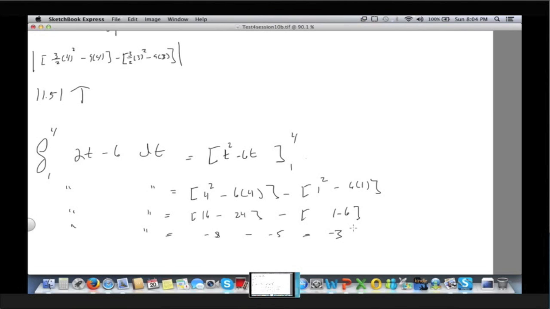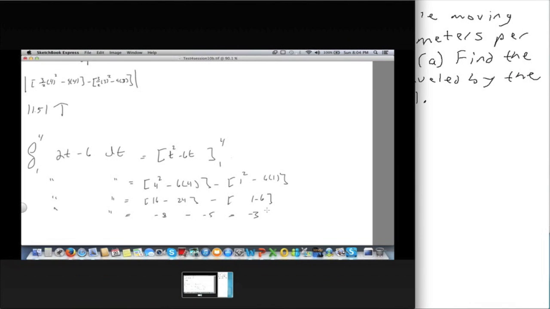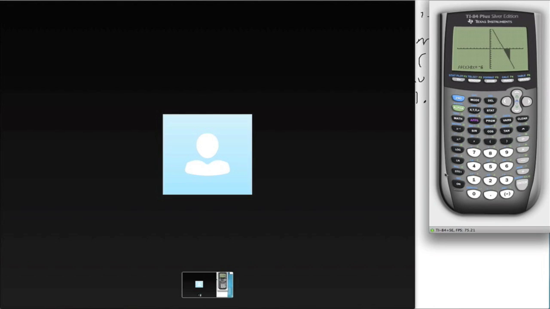Okay, and graph this. Y equals 2x minus 6. Graph. Should have a positive slope. Yep. And then second calc, 1 to 4. We get -3. Okay, that's -3 meters.